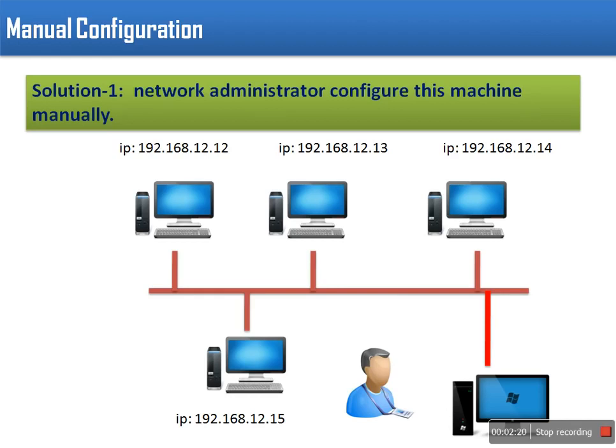Now the problem with manual configuration is that there are chances of errors. It might be possible that this person forgot which IP address has already been allotted and assigns the same IP address, or while entering the subnet mask, or while entering the IP address, that person might make some error, and this machine will get a wrong IP or wrong network detail, and this system cannot access network services.